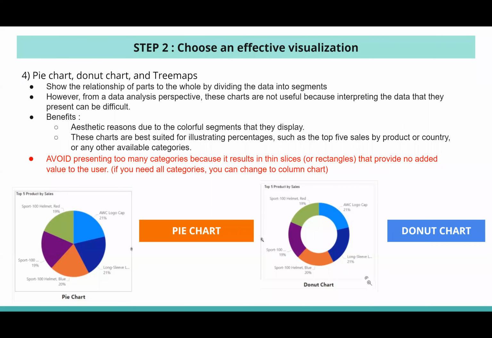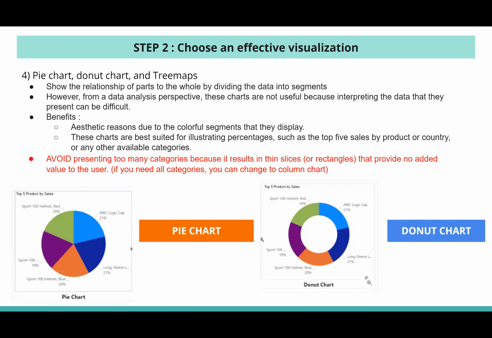Next, there is the pie chart, donut chart, and treemap. The pie chart and donut chart are not very useful for analyzing the data, but for aesthetic reasons, because you can add more color and put in a percentage, it can be much more presentable to the audience.